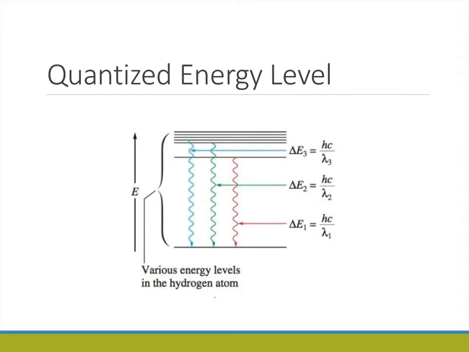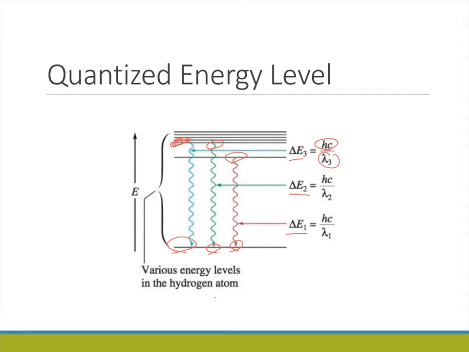So here we have what is listed as delta E1, delta E2, and delta E3. Now, this change in energy is equal to hc over the wavelength of light produced. So that is the change in energy from this level back to the bottom level. Energy 2 would be from this level, that level down to the same level, and energy 1 would be from that level down to the other.